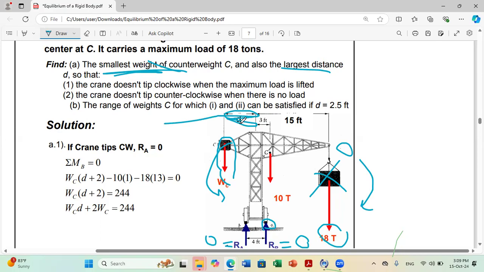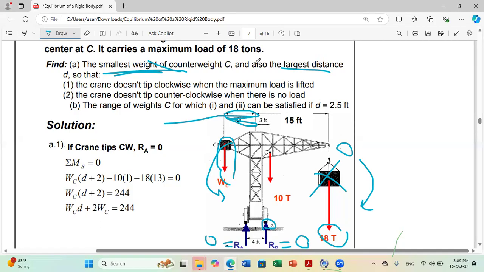So I need to have a certain distance d to prevent this tipping over. So we need to calculate these extreme conditions to not have tipping over of my crane.